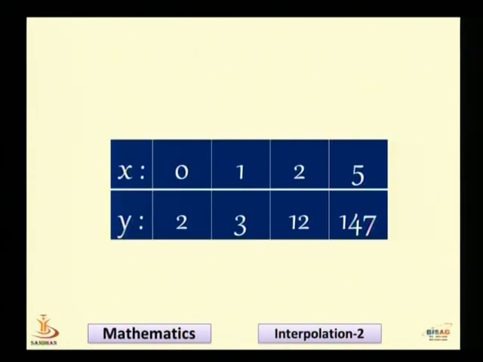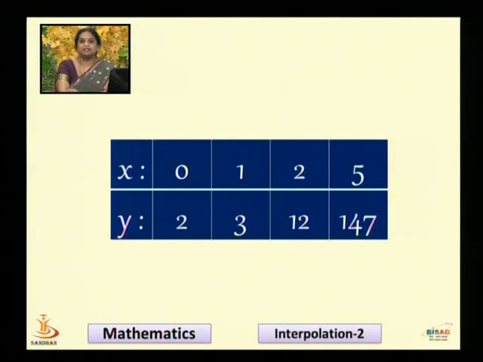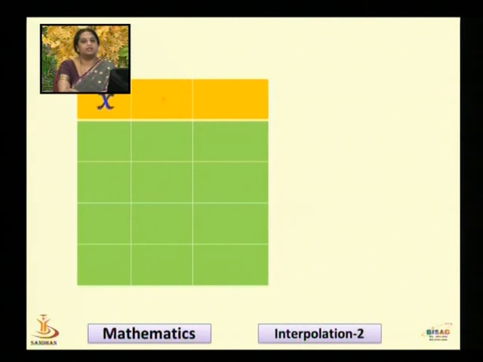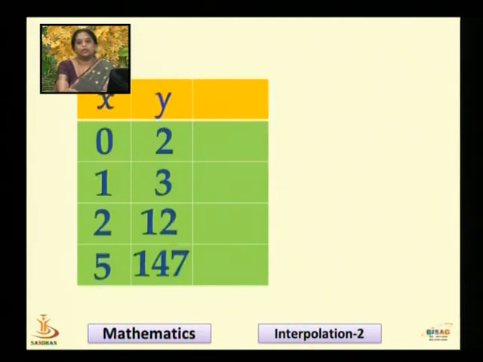For a given set of 4 points, where the x and y values are given to us, 0, 1, 2, 5 are the x values, and y is equal to 2, 3, 12 and 147 respectively. Let us gradually construct the divided difference table. We shall first plot all the x values and the y values and compute the first order divided differences.